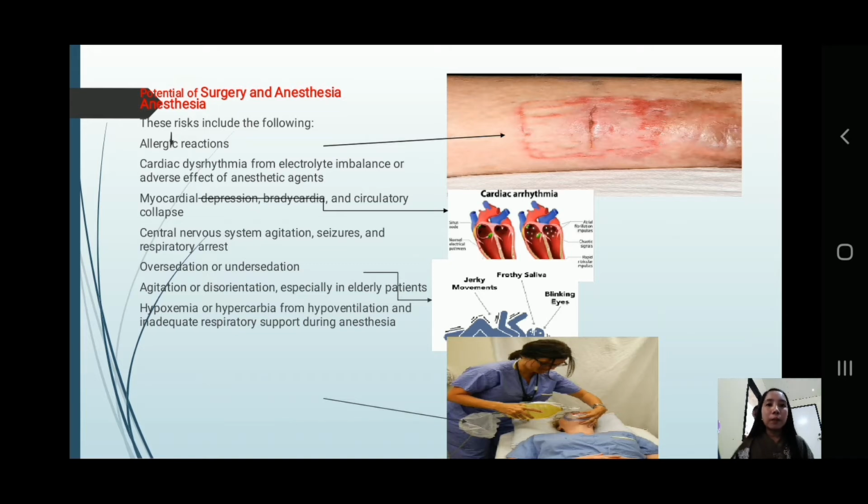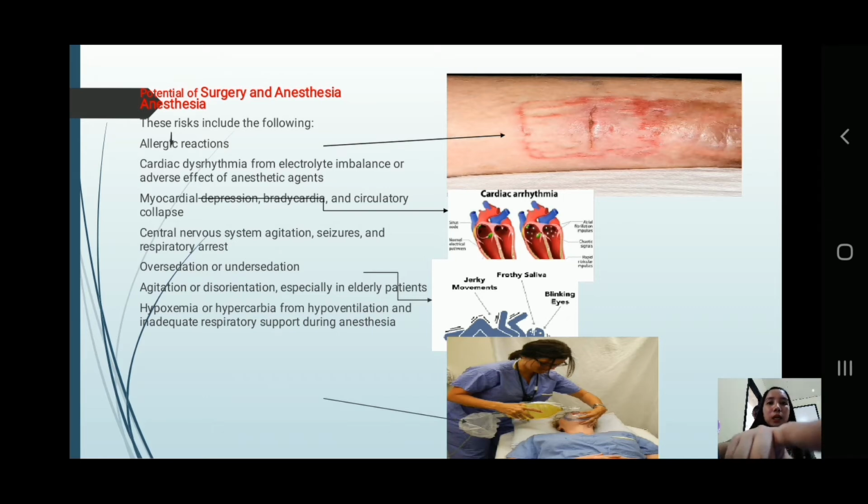The next is cardiac dysrhythmia from electrolyte imbalance or adverse effect of anesthetic agent. Cardiac dysrhythmia can be caused by many things, including problems with the heart valve. The next is myocardial and circulatory collapse, as you can see in the second picture.